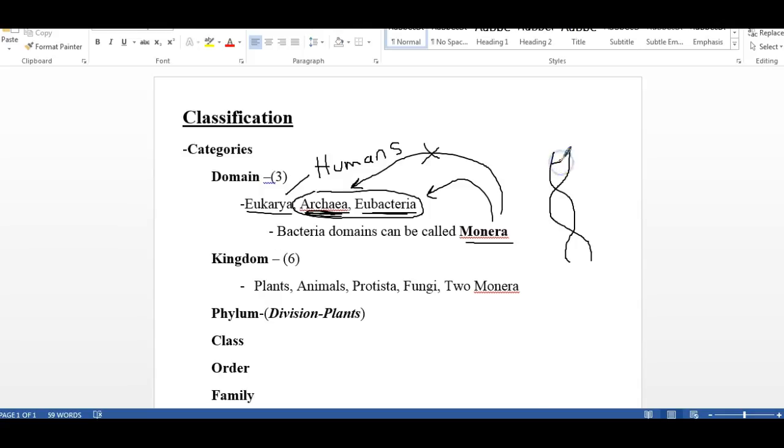If I draw a little DNA over here, they now see that there's some differences in DNA, and also through advances in science, they've been able to see that the cell walls are different. So as a result, it's ended up in a new kingdom, archaea, or archaebacteria. And these are the eukarya: plants, animals, protista, and fungi. These all go with that one.